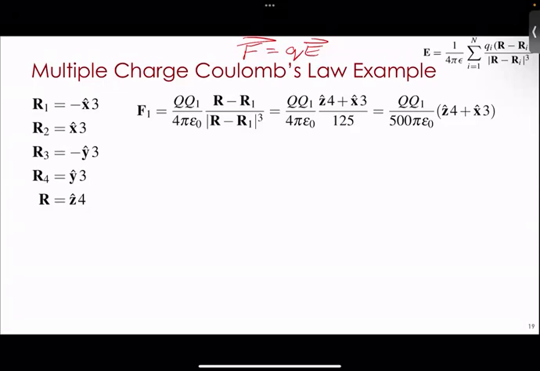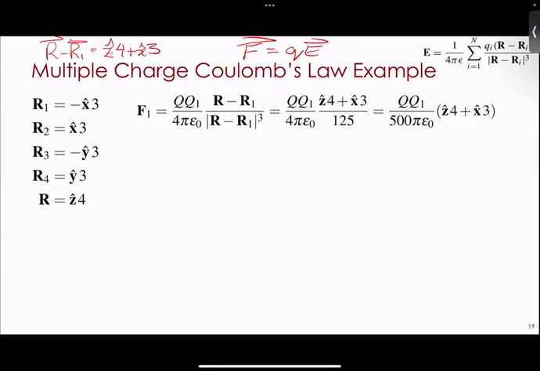Exactly. And if you're wondering where the 5 came from, this is what the R minus R1 vector is: R minus R1 equals Z hat 4 plus X hat 3.